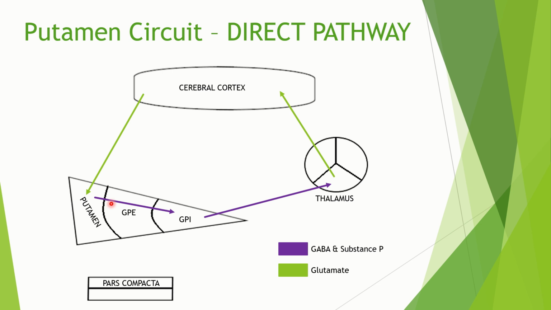Always think of it this way, that what we are involved in is motor, movement. In order for movement to take place, the cerebral cortex has to be stimulated some way.